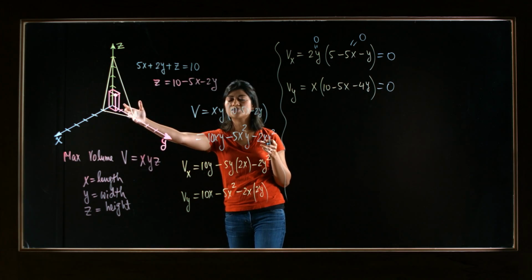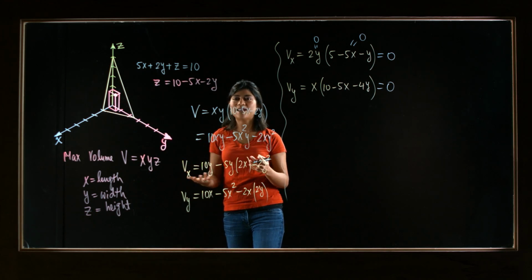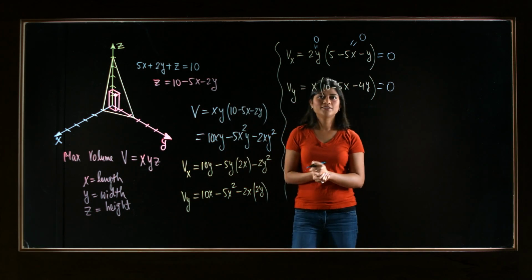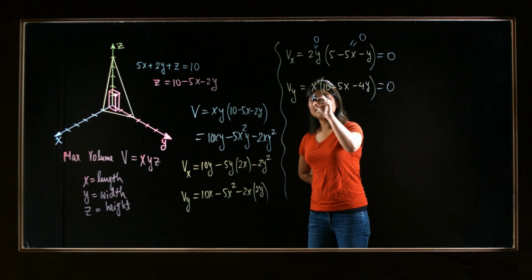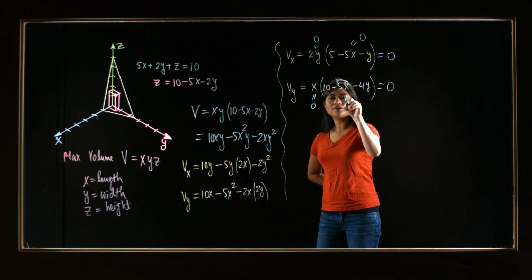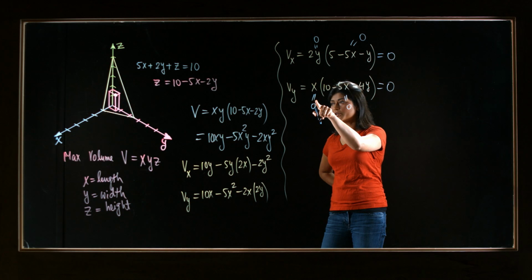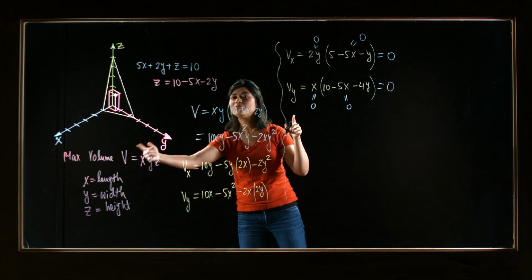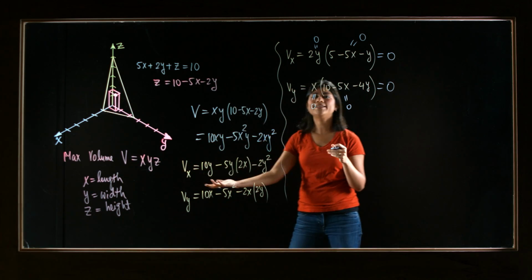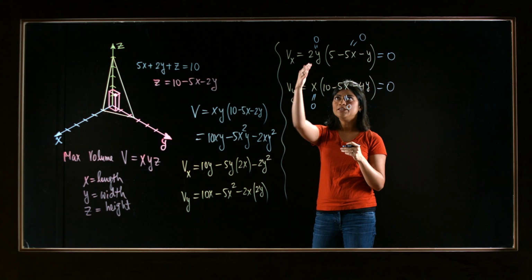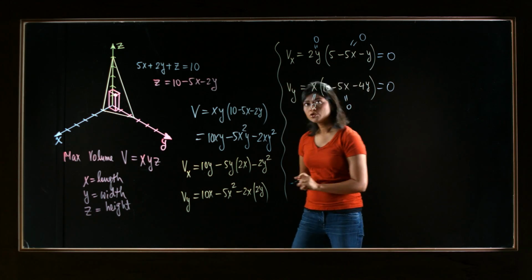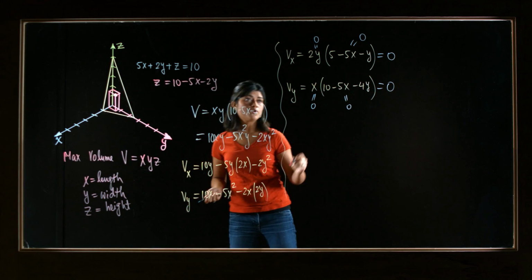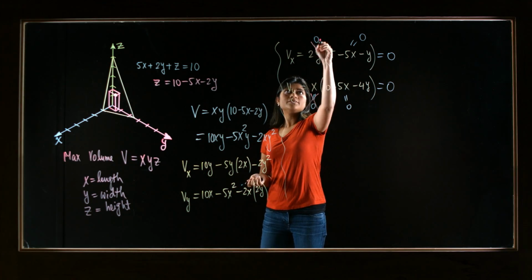So there is no box. How can that give us a maximum volume? It will not. Look at the other expression the same way: either x is 0 or the entire thing is 0. If x is 0, the same thing happens, the volume is 0. So we won't get the maximum volume using those critical numbers where either y is 0 or x is 0, and we can ignore those completely.